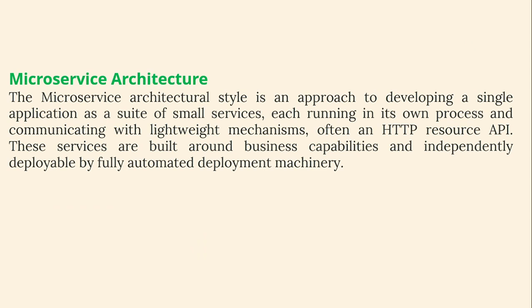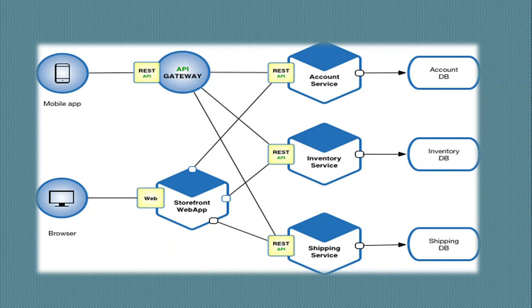The microservice architecture style is an approach to developing a single application as a suite of small services, each running in its own process and communicating with lightweight mechanism, often as an HTTP resource API. These services are built around business capabilities and independently deployable by fully automated deployment machinery. In this diagram, you can see there are multiple microservices such as account service, inventory service, shipping service.